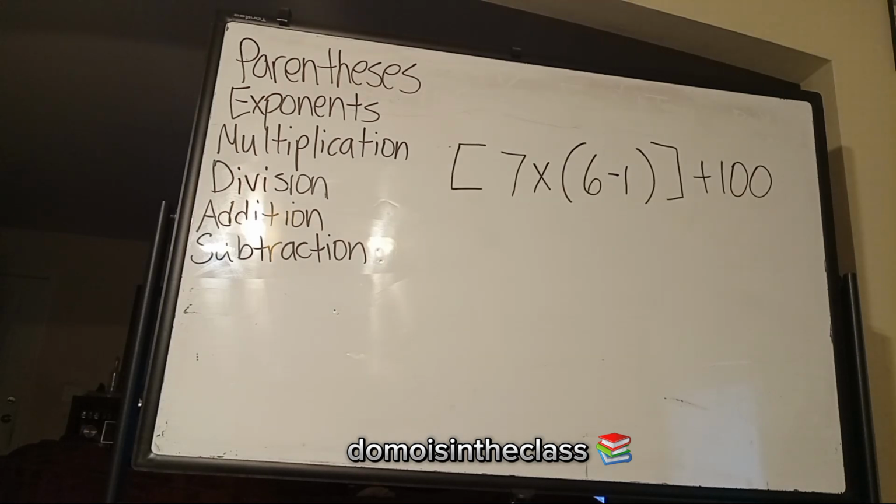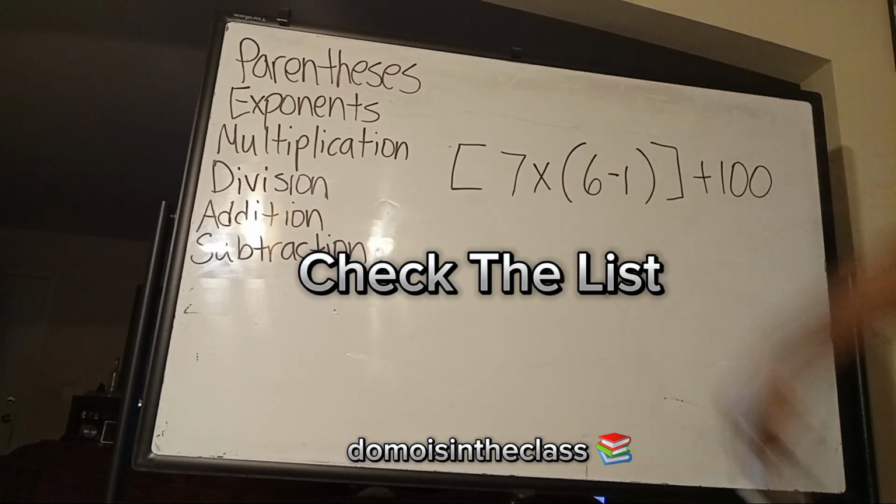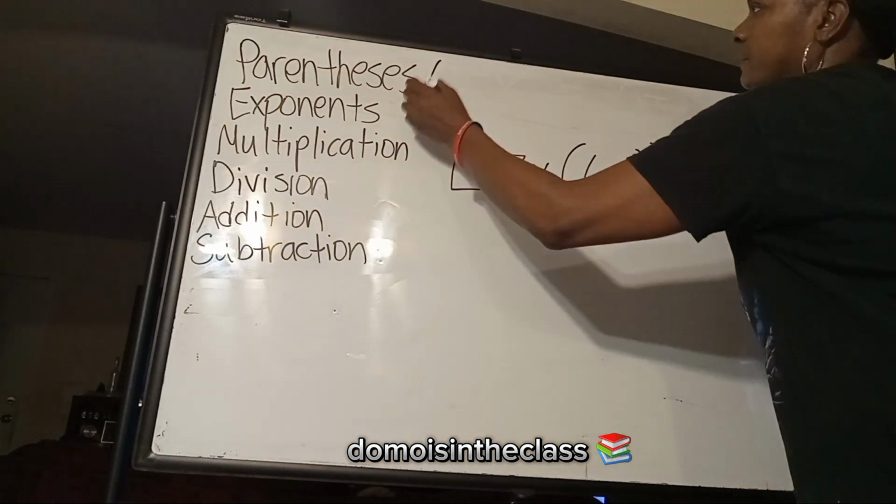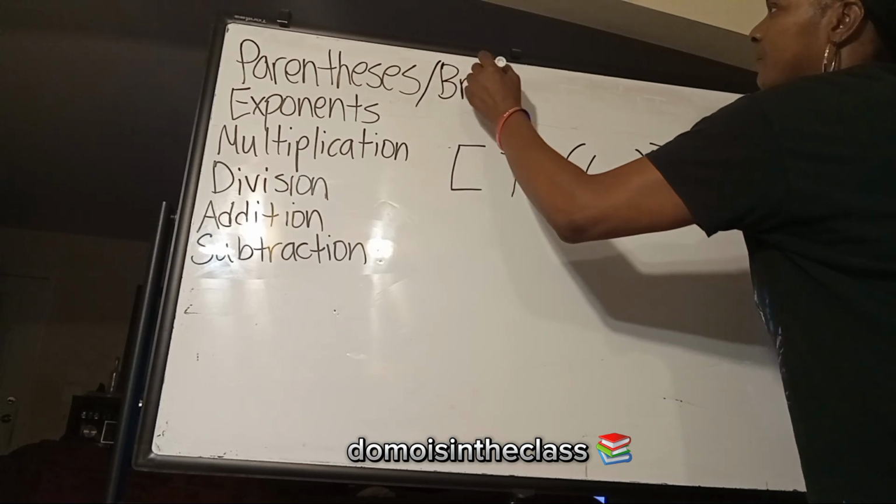All right, so for our next problem, we got bracket 7 times parentheses, 6 take away 1, close parentheses, bracket plus 100. We look at our list and we know that brackets and parentheses are on the same level. So they're both the same. We have to do them first.